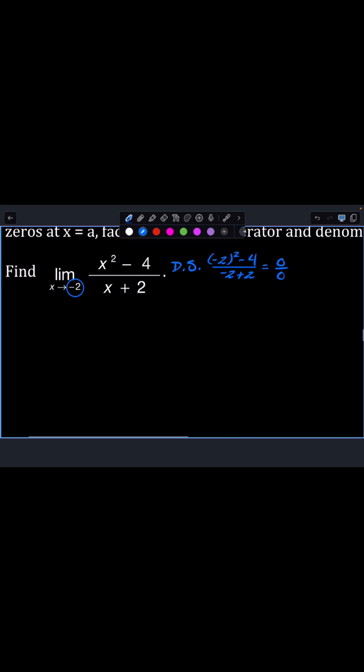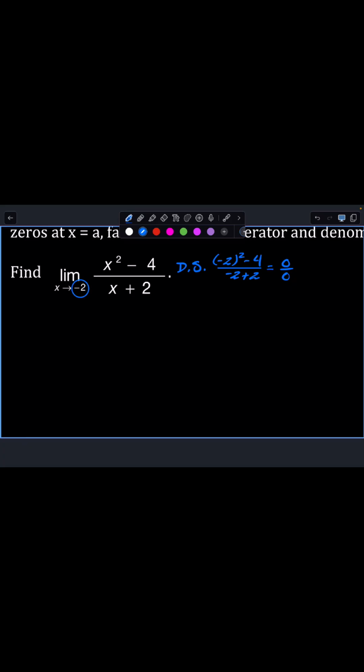So now let's try to factor. Well, the numerator has a difference of squares, correct? So we have x minus 2 and x plus 2 divided by x plus 2. So you see how a factor actually simplifies and cancels itself out?